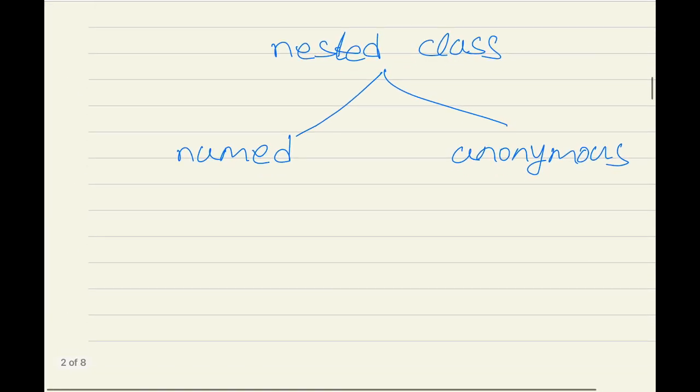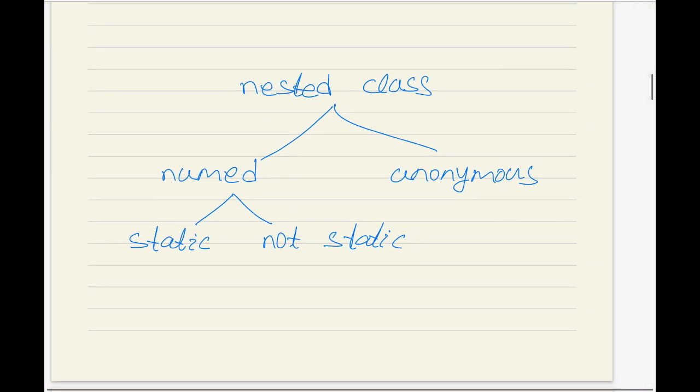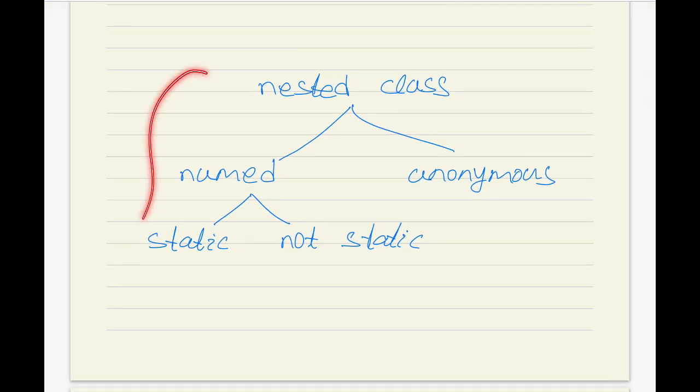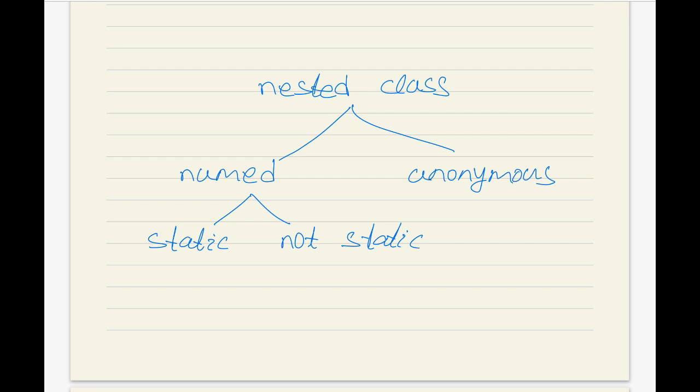Now the named class is again of two types: one is static, another is non-static. We are going to discuss each type of nested class and see their implementation. We are not going into more details about nested class; we are just going to see an overview.